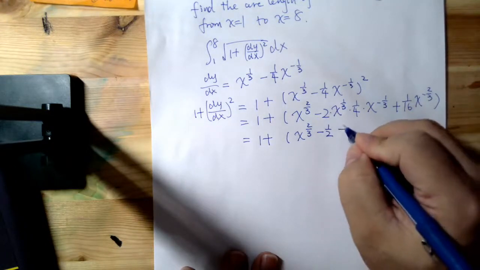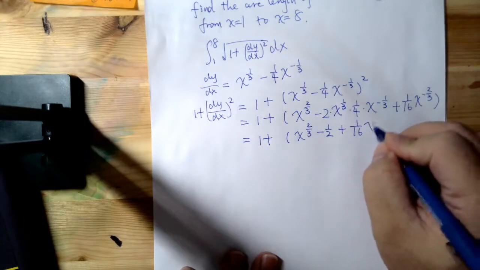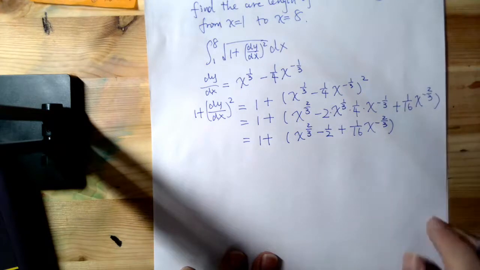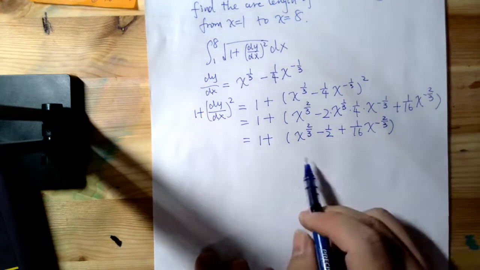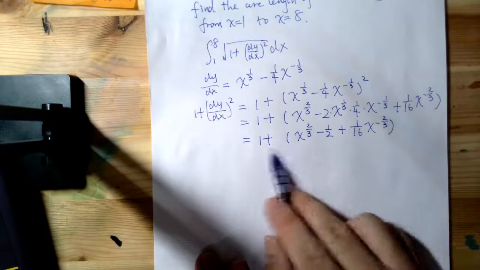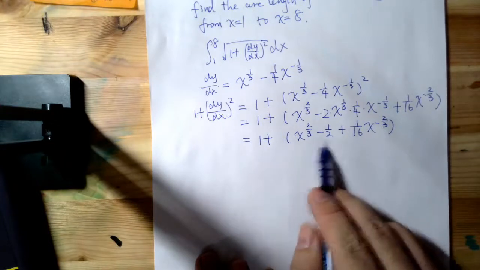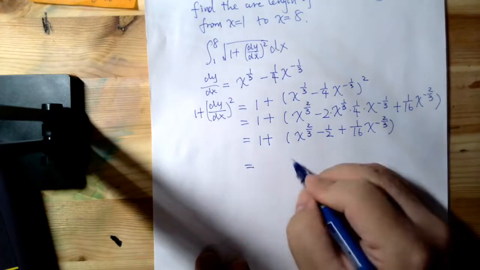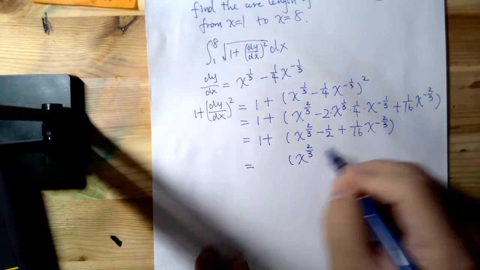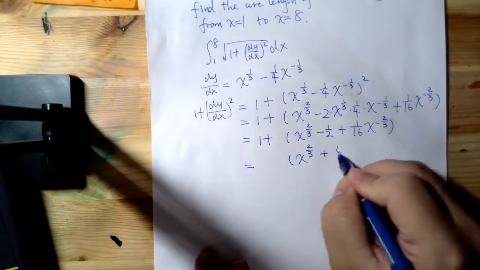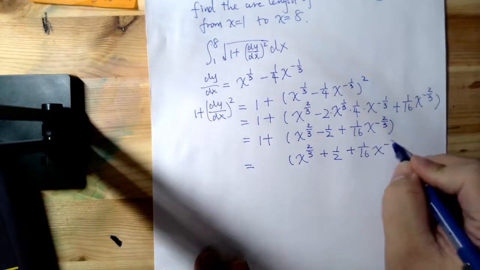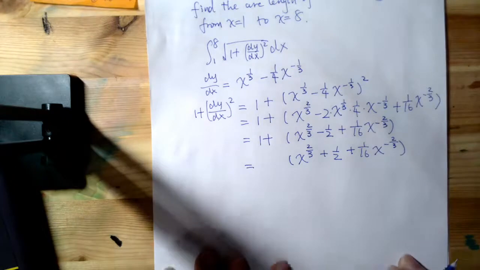And then plus 1/16 x to the power of negative 2/3. Now if I combine those two constants, it gives us x to the power of 2/3, plus 1/2, and then plus 1/16 x to the power of negative 2/3.